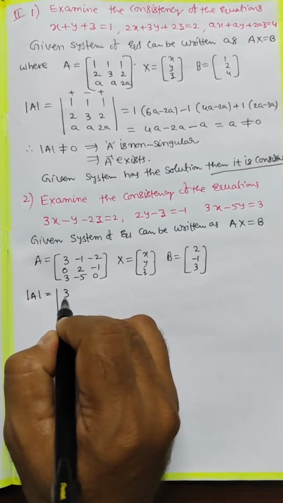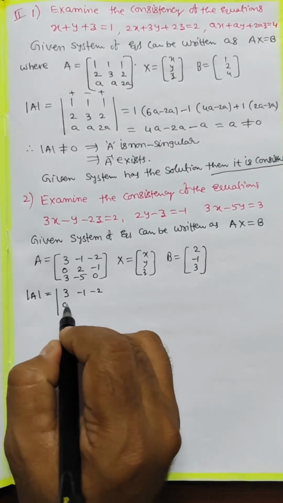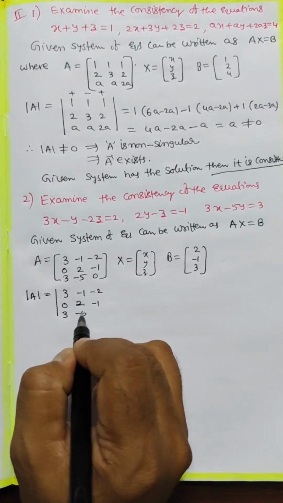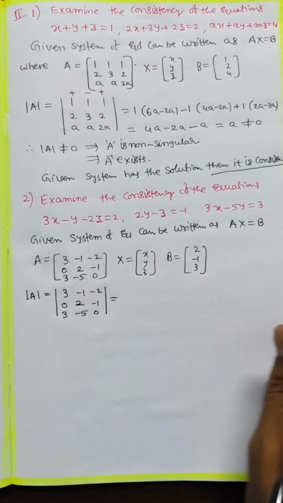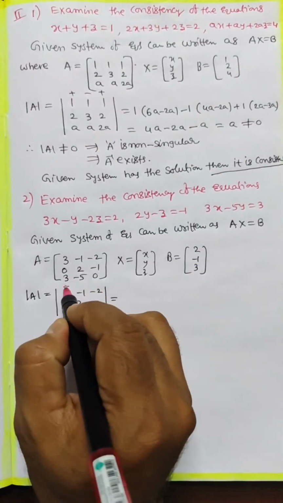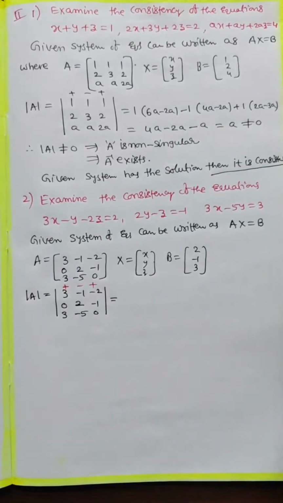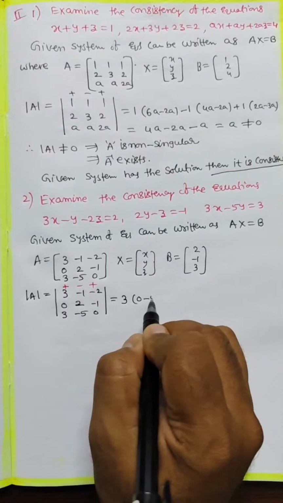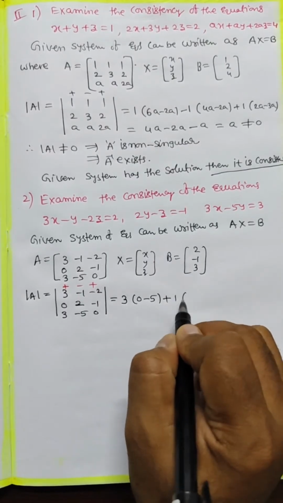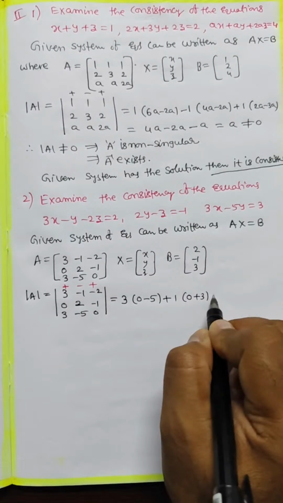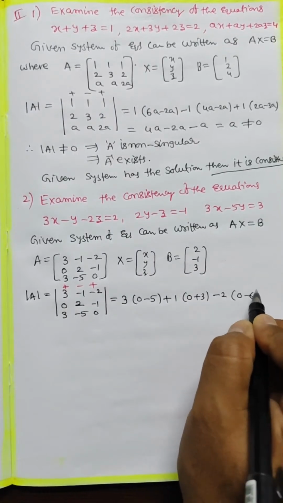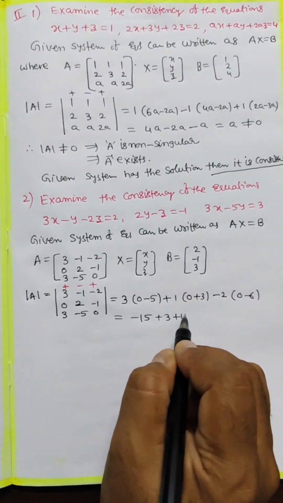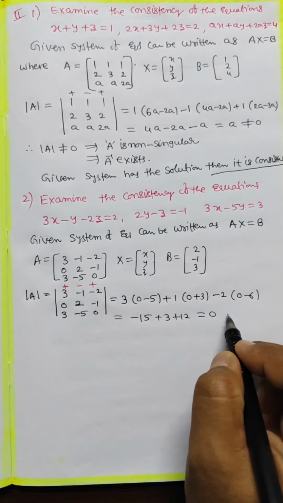So, det of 3, minus 1, minus 2, 0, 2, minus 1, 3, minus 5, 0. Signs plus, minus, plus: 3 into (0 minus 5), plus 1 into (0 plus 3), minus 2 into (0 minus 6), which is minus 15 plus 3 plus 12 equal to 0.